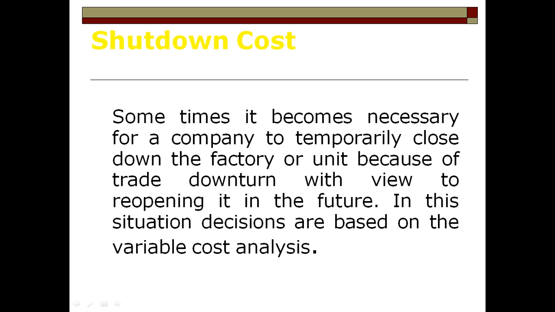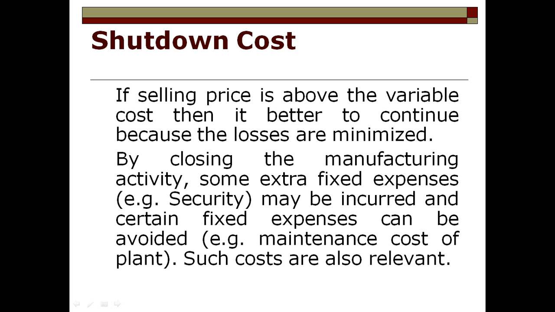Shutdown cost. Sometimes it becomes necessary for a company to temporarily close down their factory or unit because of a trade downturn, with a view to reopening it in the future. In this situation, decisions are based on variable cost analysis. If selling price is above the variable cost, then it is better to continue because the losses are minimized.